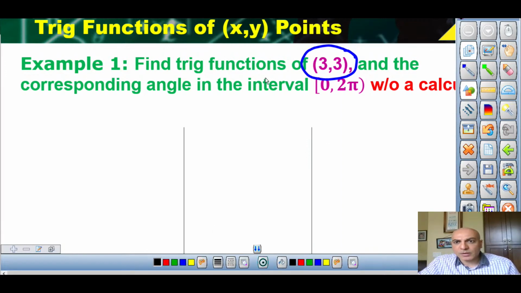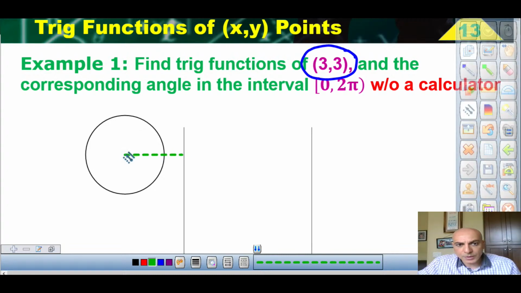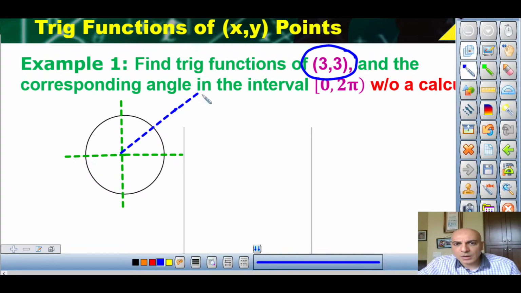If I were to graph this point, where would it be? Well, this point would be really far, probably here, maybe here somewhere. As you can tell, it's beyond the unit circle. It's probably even further. (3, 3) is here somewhere.